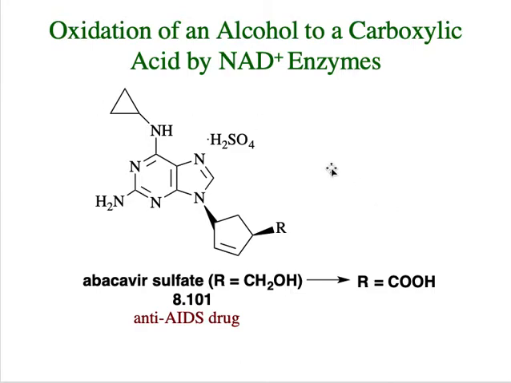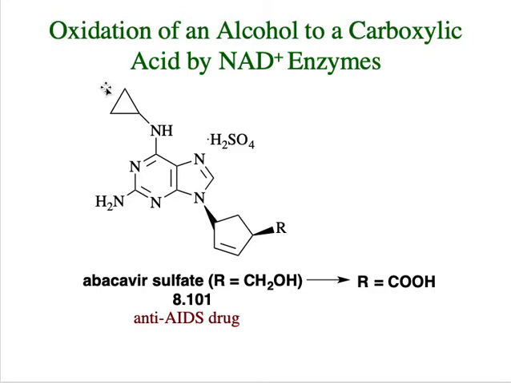Here's an example where they're able to oxidize this alcohol. So this is abacavir. So this is a reverse transcriptase inhibitor. So it inhibits the ability for the virus, the HIV virus, to replicate its genome.